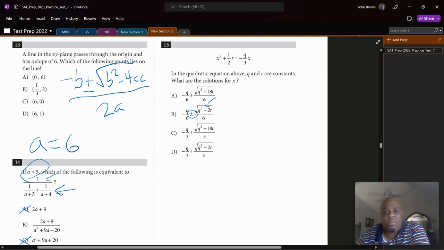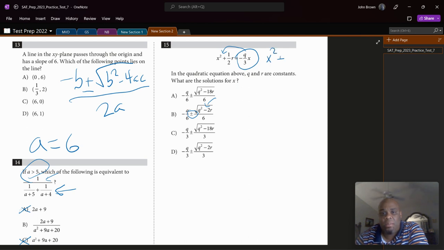All right, so another difficult part about this is what's my A, what's my B, and what's my C. So I've got to rearrange this. This has to go over to join its buddies. And so this is going to be our X term. So this Q over 3 thing, I'm going to add Q over 3X to both sides and that gives me X squared plus Q over 3X plus 1/2 R equals 0.